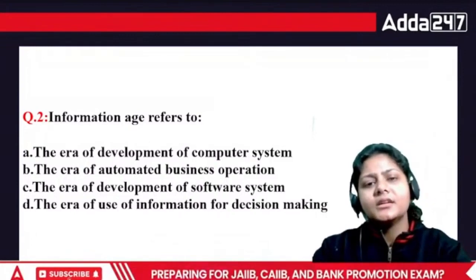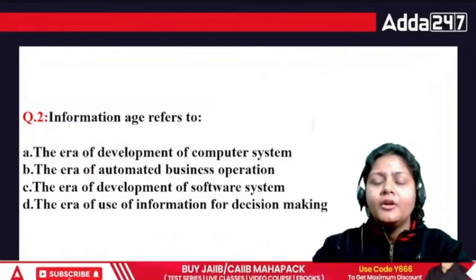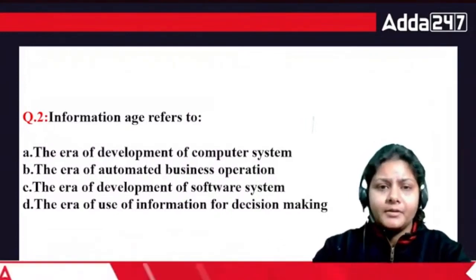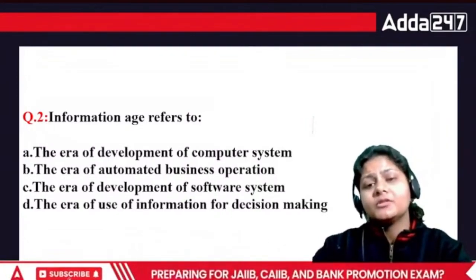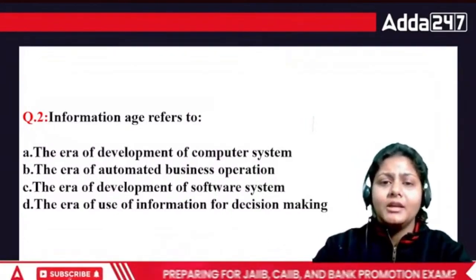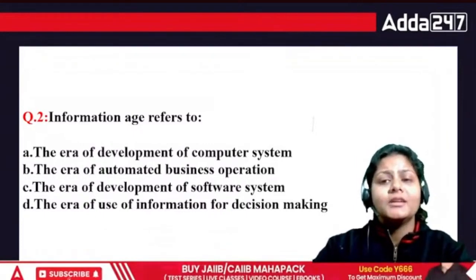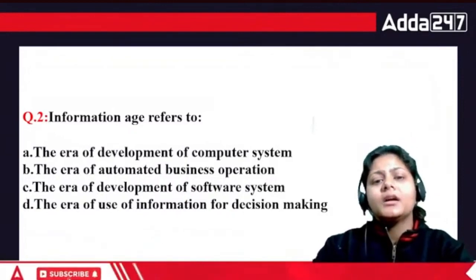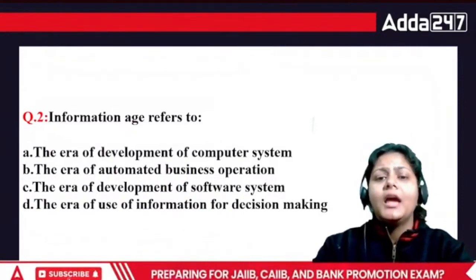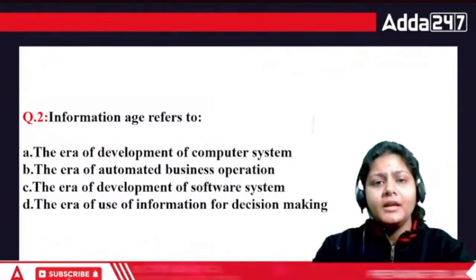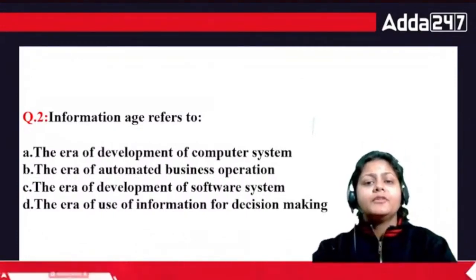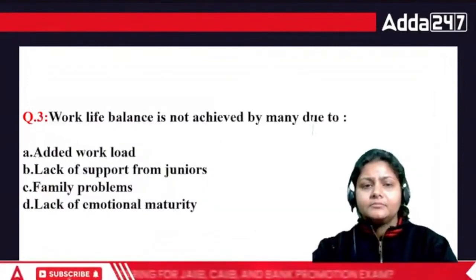Last year in the June exam there were approximately 4 to 5 questions from the HRM and IT chapter. Information age is when you are doing any decision making, how information technology will help you out. So the answer here is D, the era of use of information for decision making.